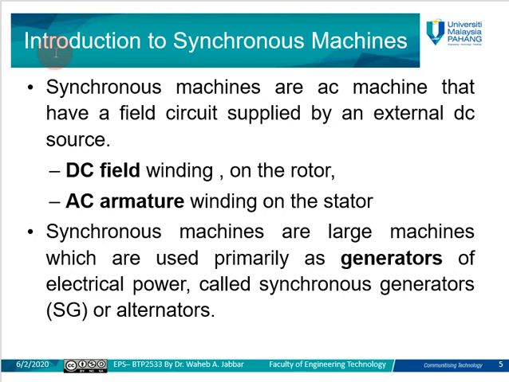The DC field winding here is placed on the rotor, while in the case of the induction machine, the field winding is represented by the stator winding. So the field winding of the synchronous machine is placed on the rotor, while the armature winding is an AC winding, which is placed on the stator. This is the difference.